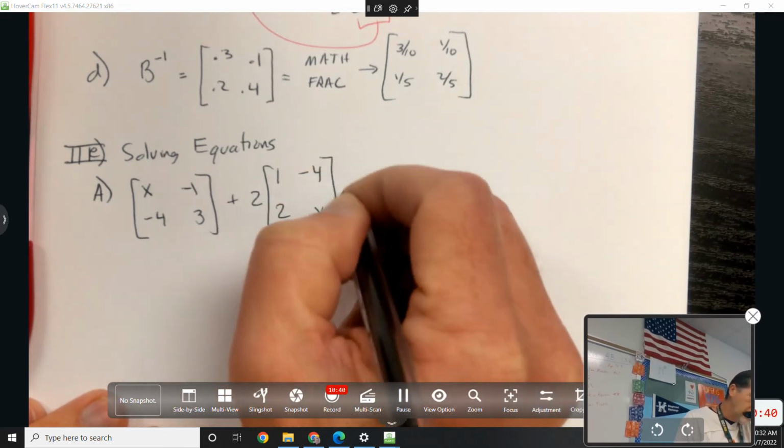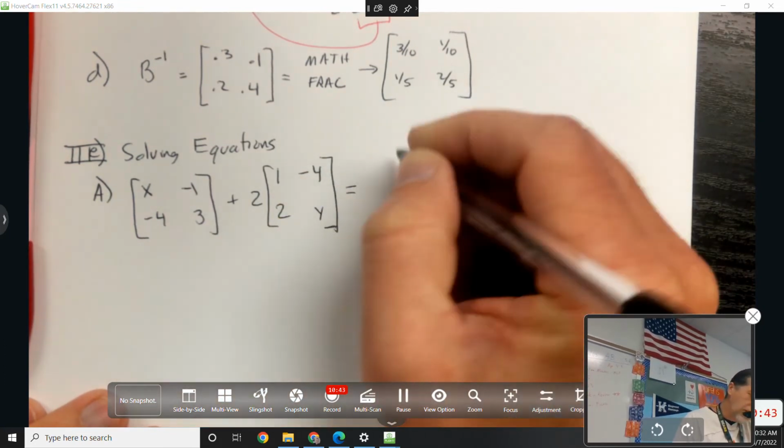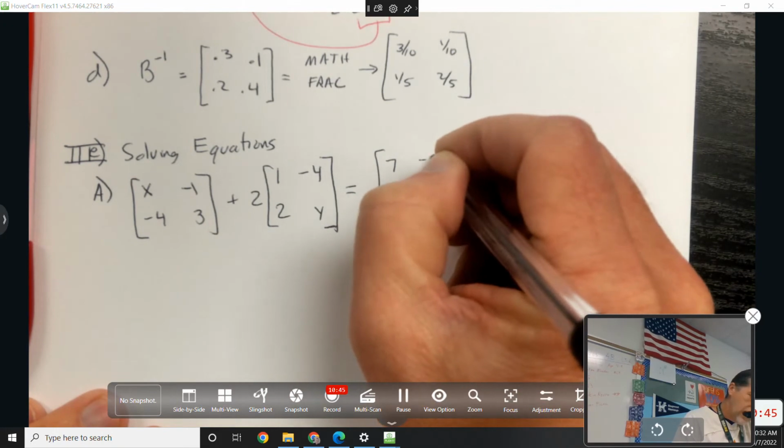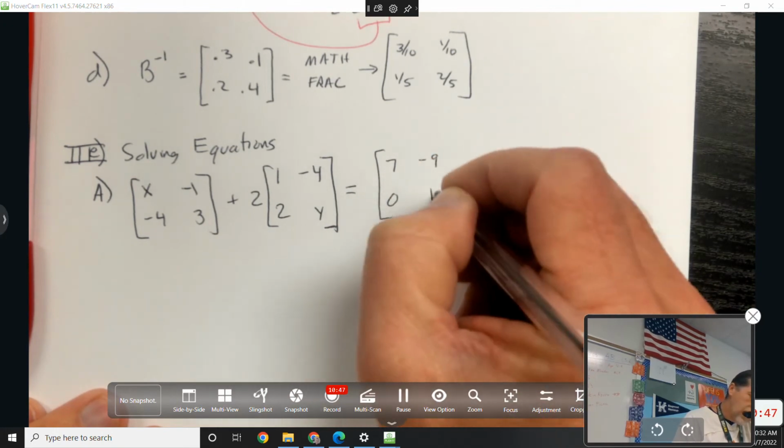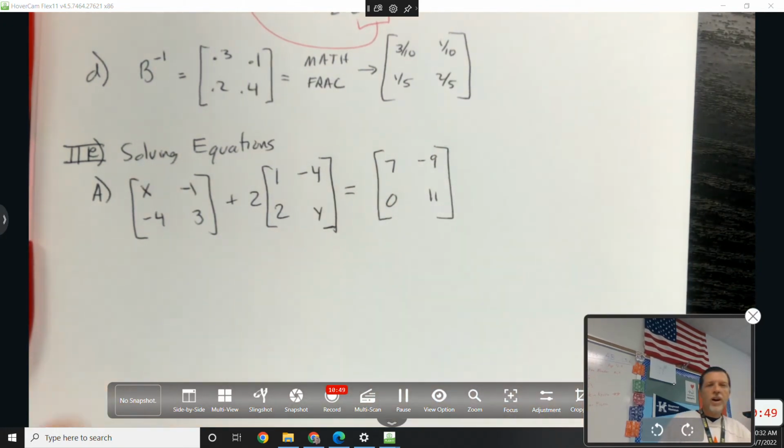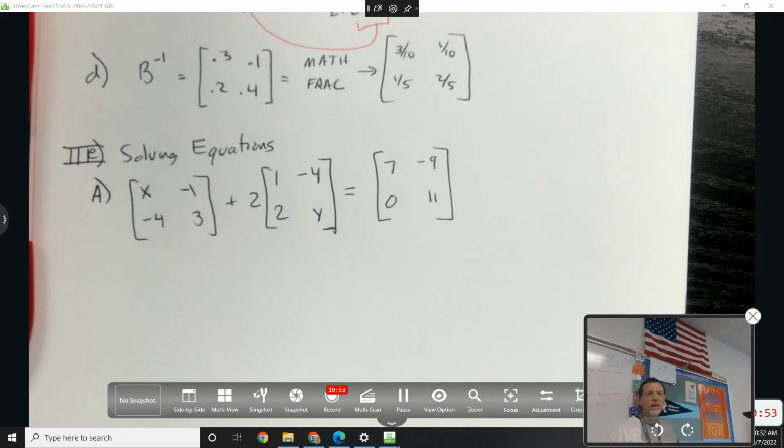Once we know how to do it, it's not really that hard. So copy all of that down. It looks kind of weird. x, negative 1, negative 4, 3, plus 2 times 1, negative 4, 2y, equals 7, negative 9, 0, 11.